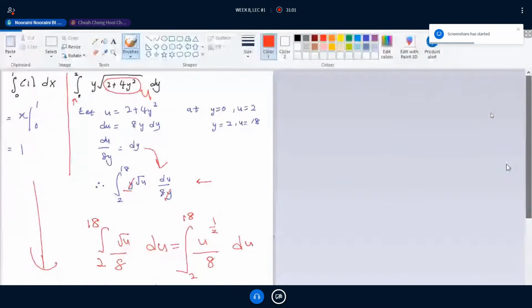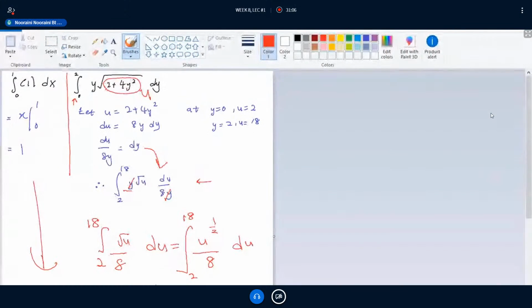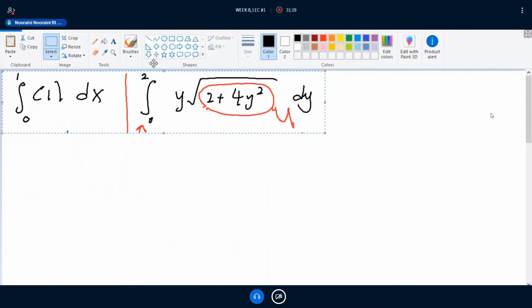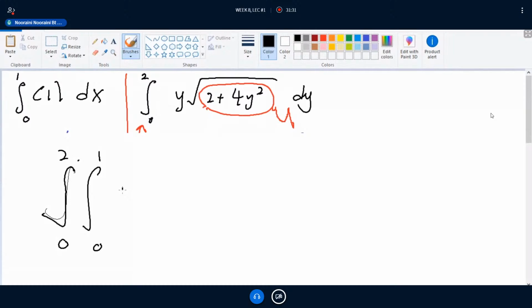Now you don't want to split, right? So I go back to the previous question. Wait, I need to take it back. This is the question. If you don't want to split, previously what we have is 0 to 2, 0 to 1, y times 2 plus 4y squared dy dx.